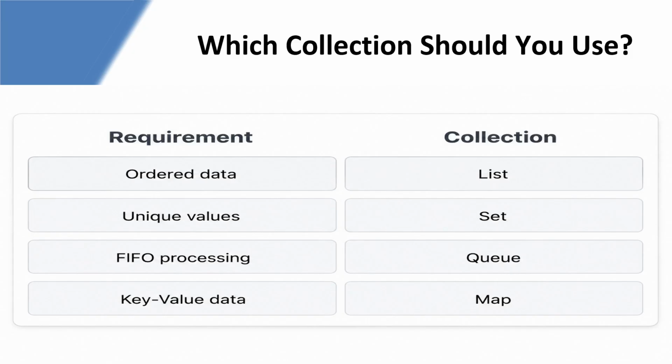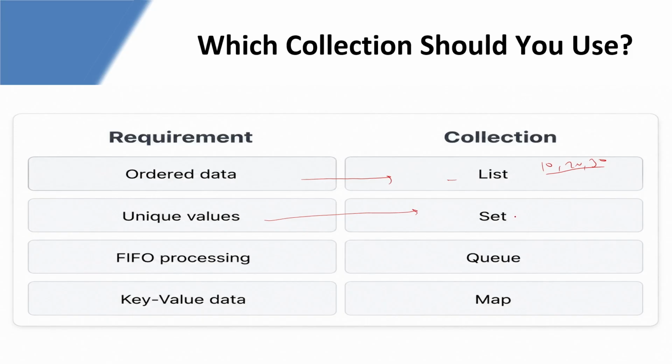Use a List when order matters. We have seen that List remembers the order of insertion. If you add 10, 20, 30, it will insert in that way only. That means it is an ordered collection. If order is important in your application, you can go for List. Suppose in your application you want unique values, and no duplicates are allowed.